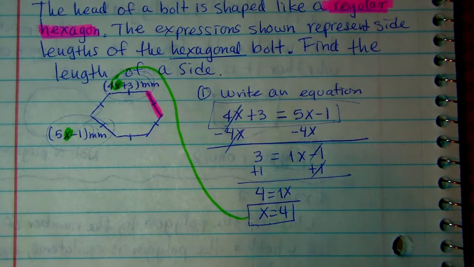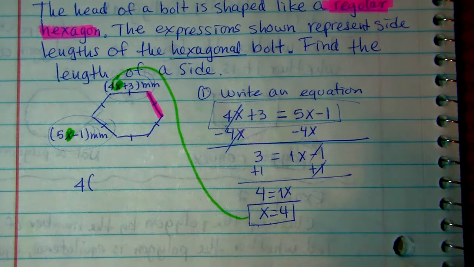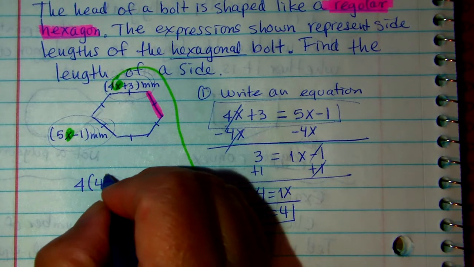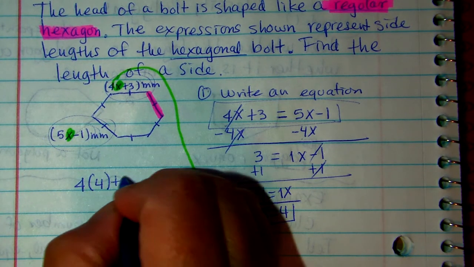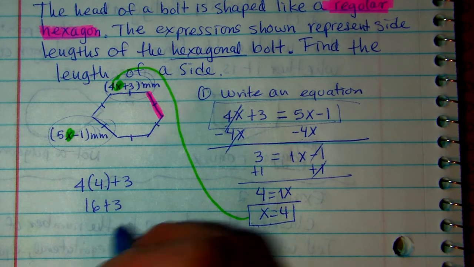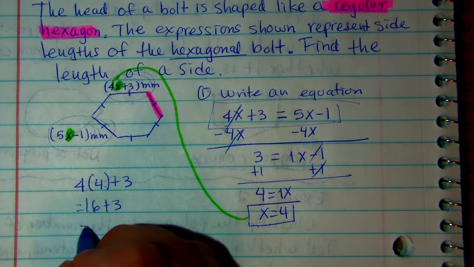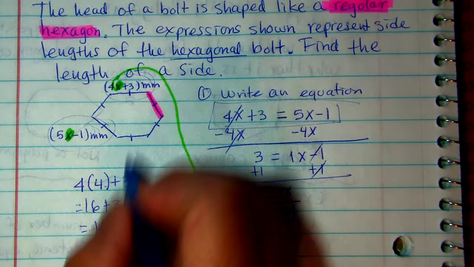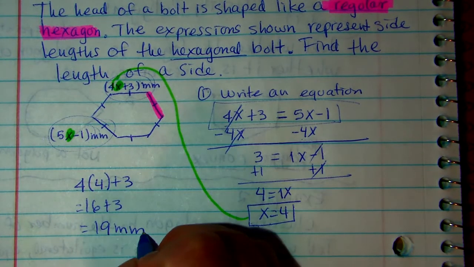Okay. So I'm going to have 4 times 4 plus 3. So 4 times 4 is 16 plus 3. This gives me 19 what? Millimeters.